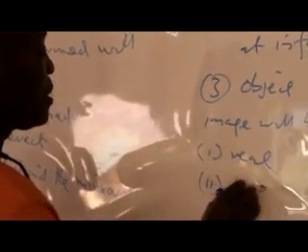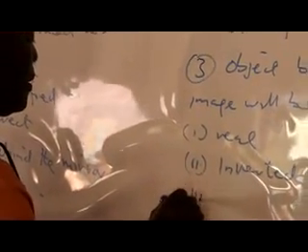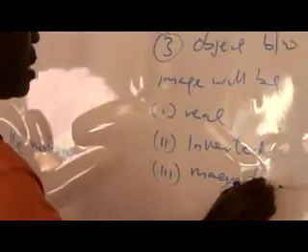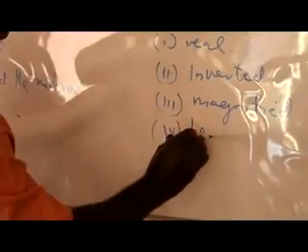The image will be one, real; two, inverted; three, magnified; four, beyond C.